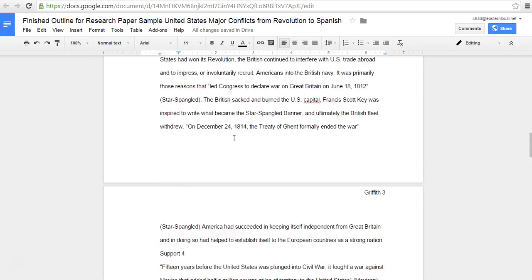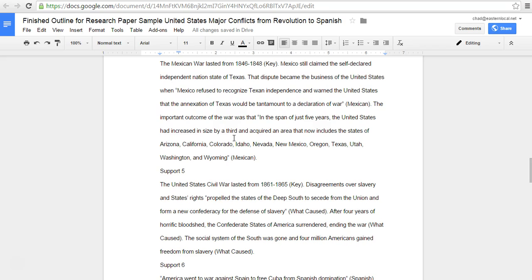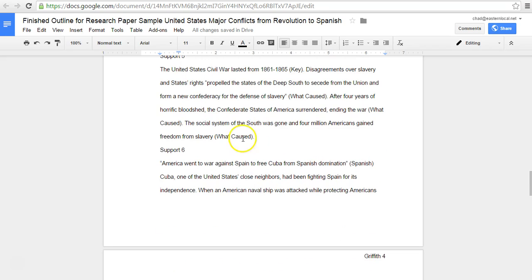They don't have to be good paragraphs yet. They can be just extended thoughts. They can be horribly written sentences. That's fine. But make sure you keep track of where they're from in terms of your resources.